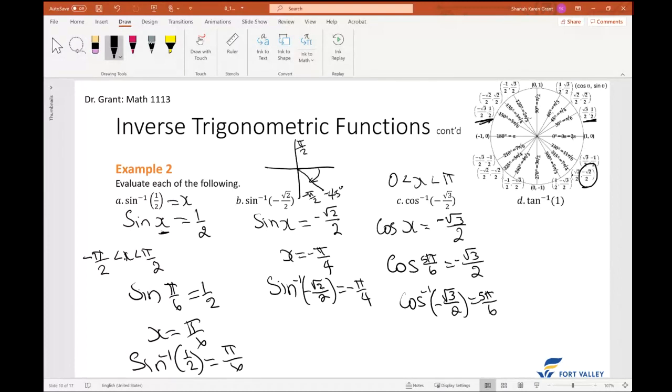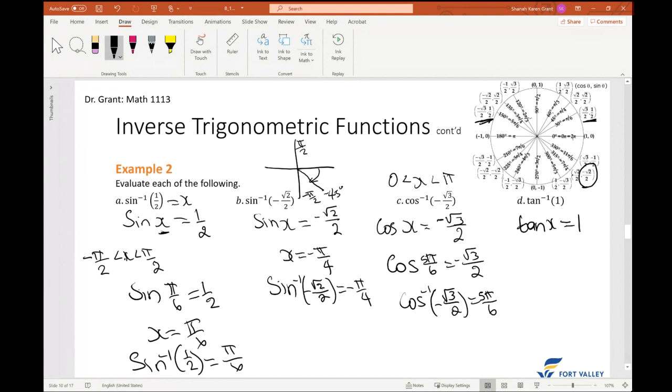Now, lastly, we are looking for what angle x, so let's say tan of x equals 1. If you recall, tan is sine over cosine.